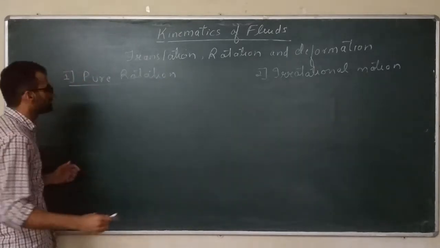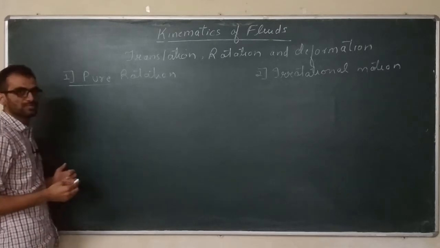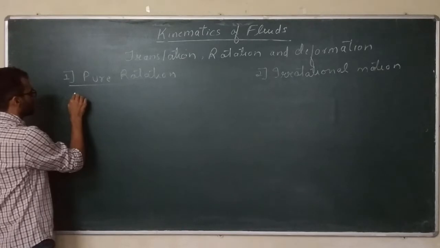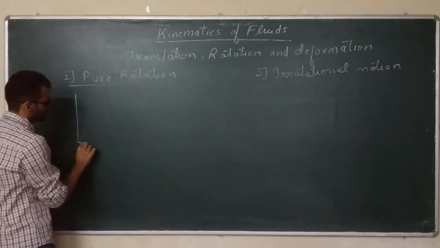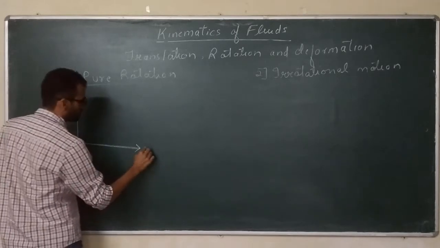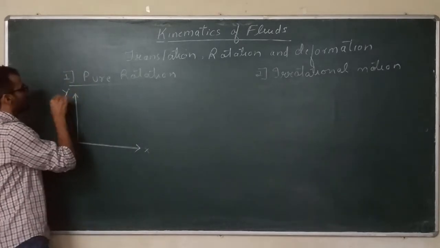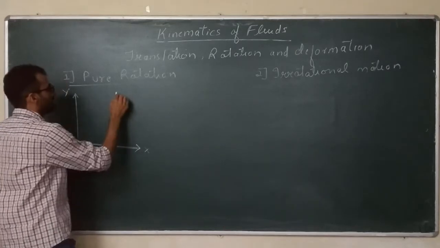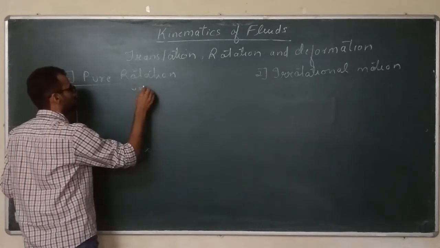Let us assume that we have a two-dimensional flow. So x and y flow takes place on the x-y plane. U is a function of x and y.